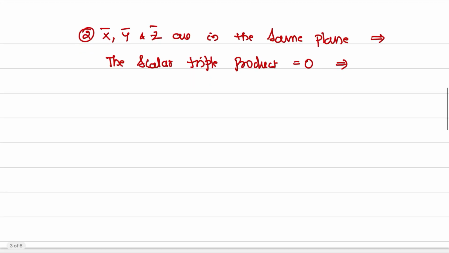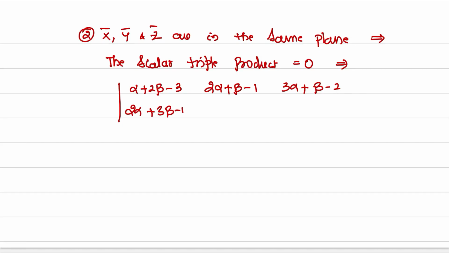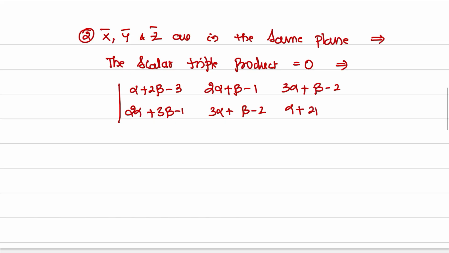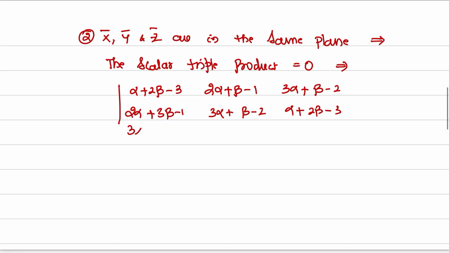That means determinant of alpha plus 2 beta minus 3, 2 alpha plus 3 beta minus 1, 3 alpha plus beta minus 2; 2 alpha plus 3 beta minus 1, 3 alpha plus beta minus 2, alpha plus 2 beta minus 3; and 3 alpha plus beta minus 2, alpha plus 2 beta minus 3, 2 alpha plus 3 beta minus 1.